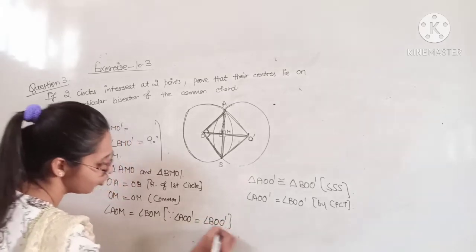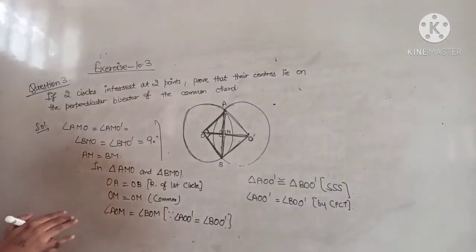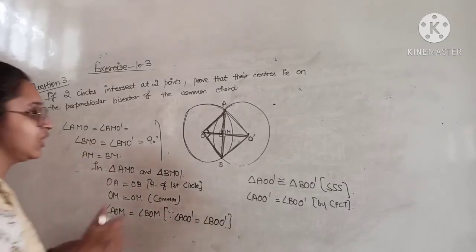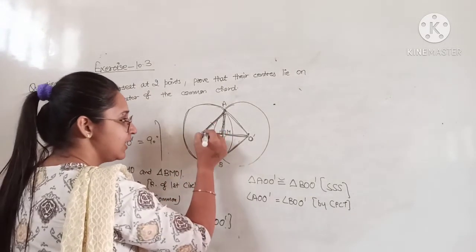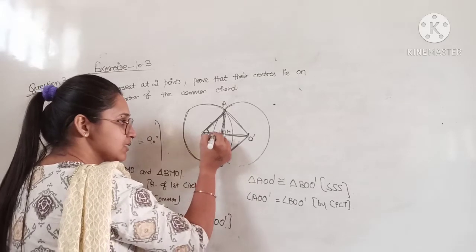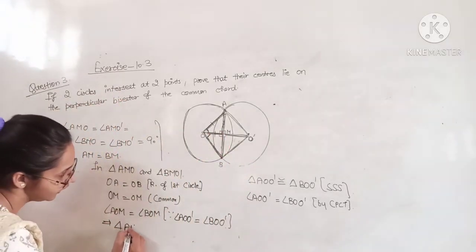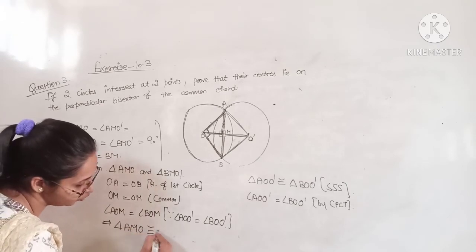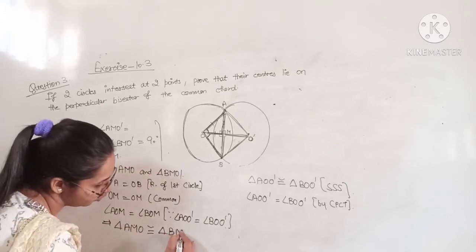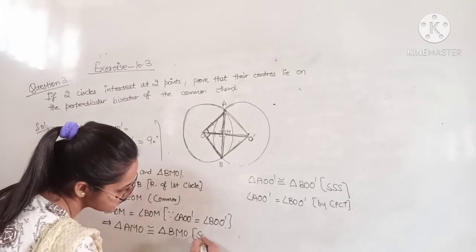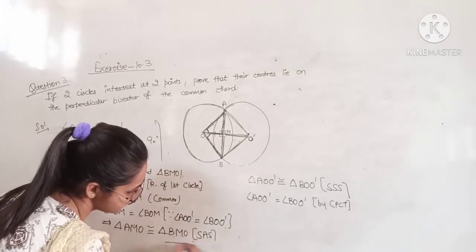In place of O dash, you are just putting the earlier point, that is M. Now see very carefully these two triangles, side angle side, so triangle AMO is congruent to triangle BMO by the SAS congruency rule.